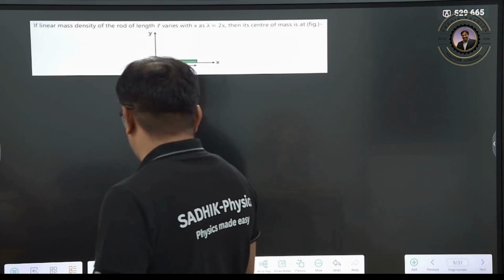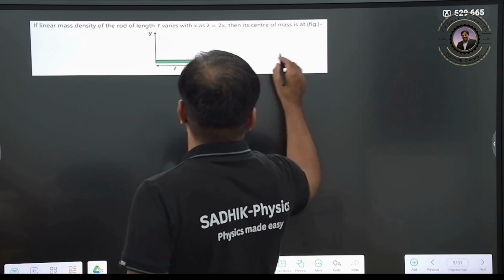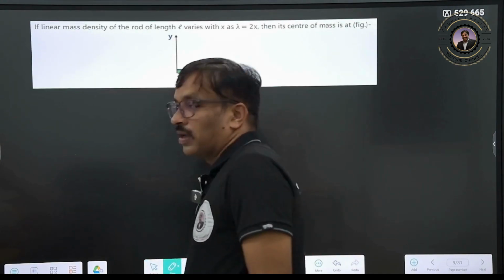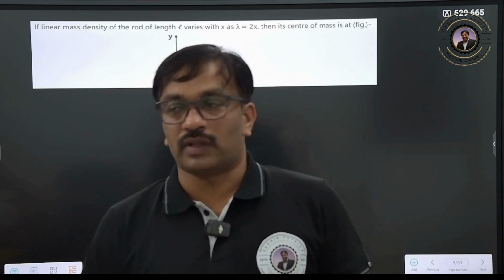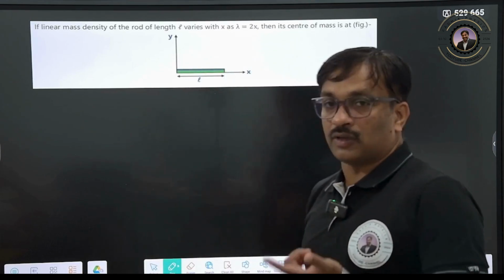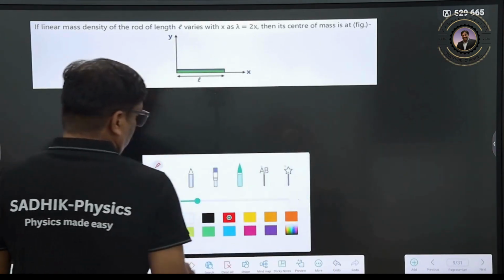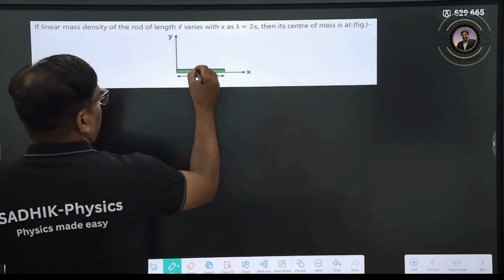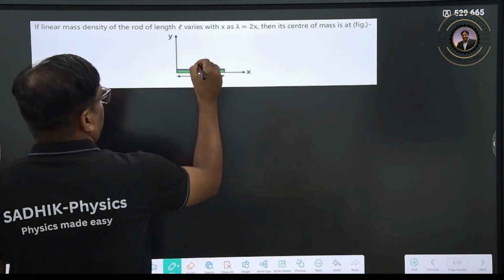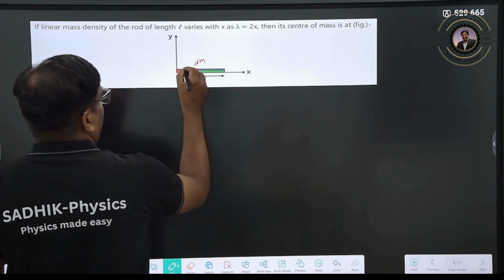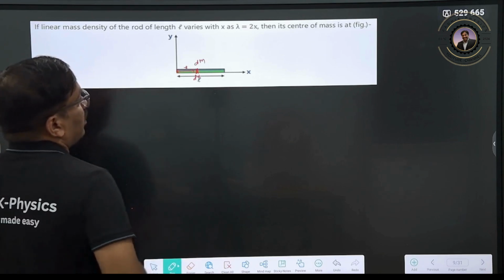This is one rod. So how to calculate it now? I already told you, it needs integration. It is not uniformly distributed. We are going to consider one small mass here, dm, over a small length dx, at a distance x.